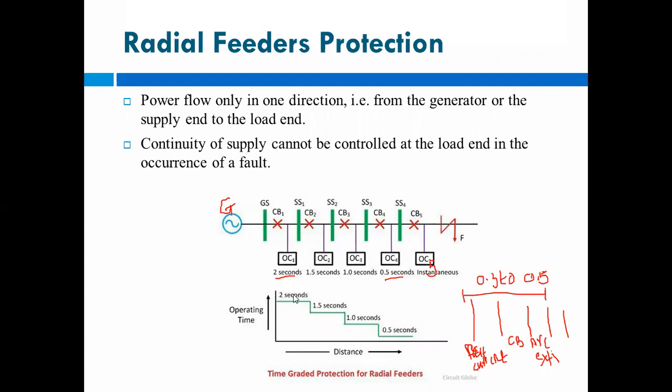And for operation of OC1, the time required is 2 seconds. So in this radial feeder protection, near the generating station, the operating time required is more. The time of operation of the relay is more, and if the fault occurs away from the generating station, then the time required for the protection is less.